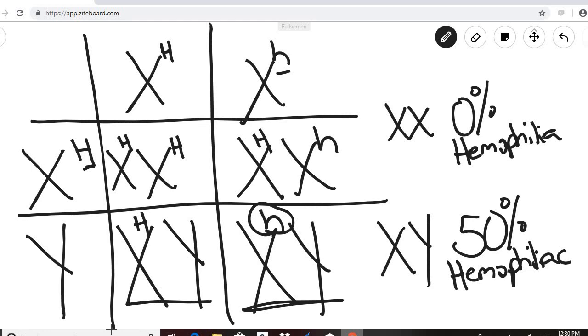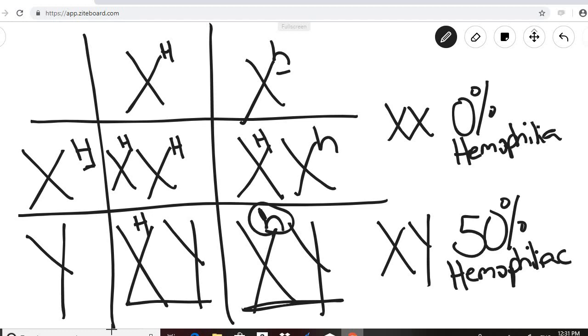Okay, so sex-linked traits are more common among male offspring because in order to have the disease, you only need to have one of the alleles.